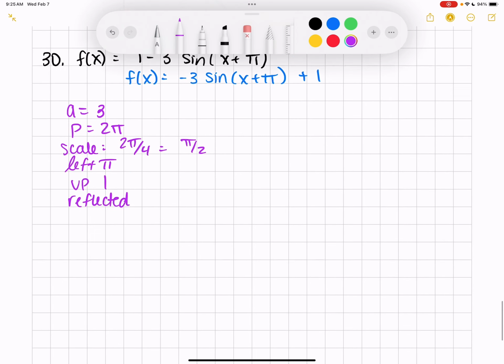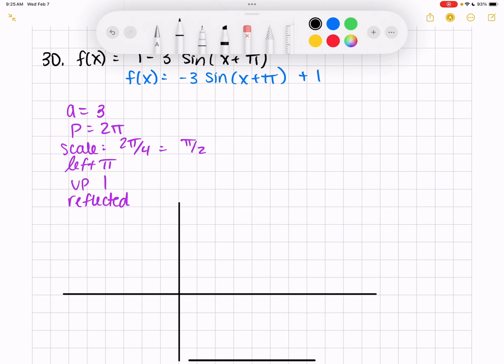So I'm going to set up my graph. When I do this, I would recommend you plot your reflected points all at the initial, and then we'll do the left and the up separately.